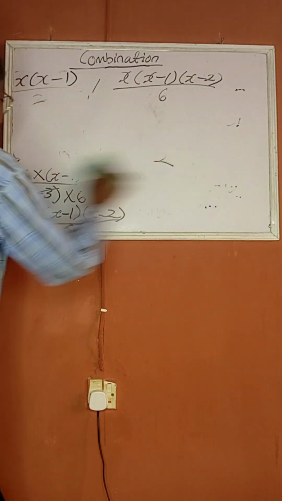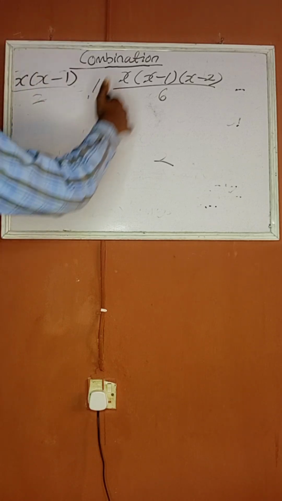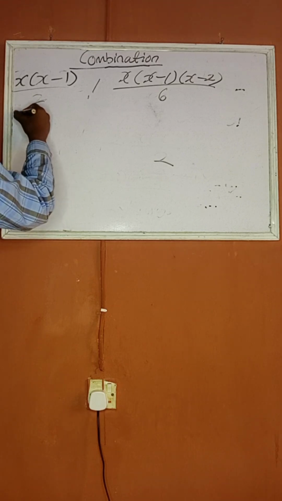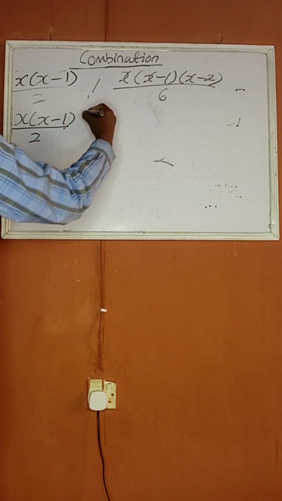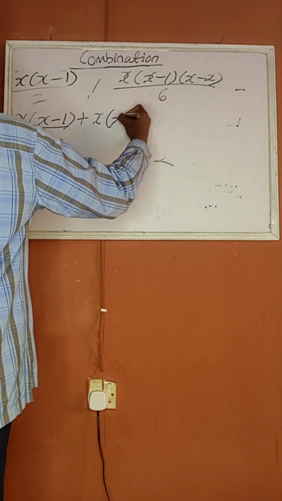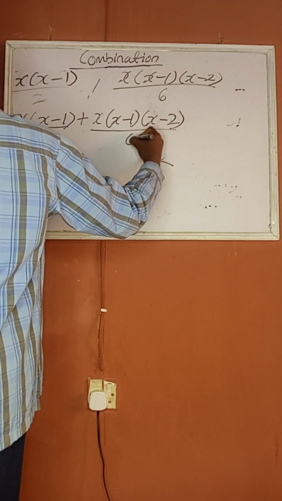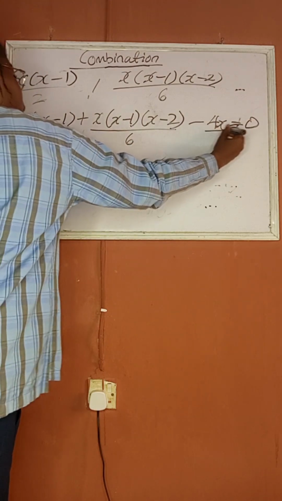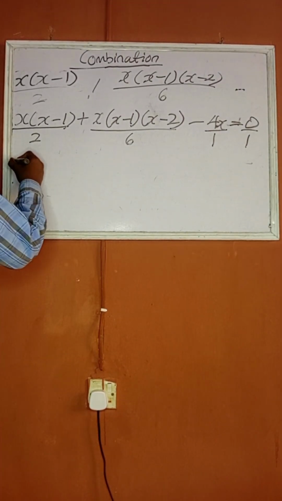So if you guys were noting the question down, you are going to see that we said what we got for x combination 2, which is what we got here, plus x combination 3 here. So we're going to add them. Minus 4x is equal to 0. So that's going to be x times x minus 1 all over 2 plus x times x minus 1 times x minus 2 all over 6 minus 4x is equal to 0. Balance that, over 1 over 1. And then we find the LCM.